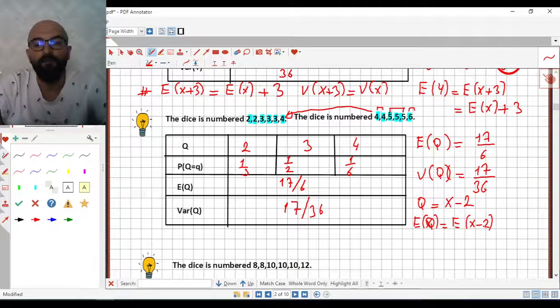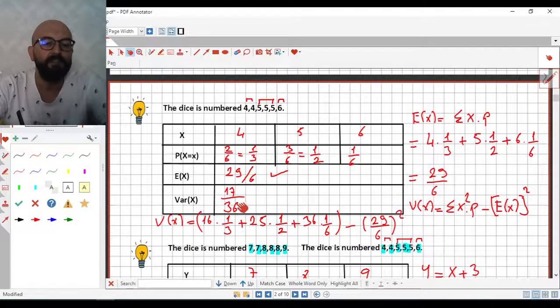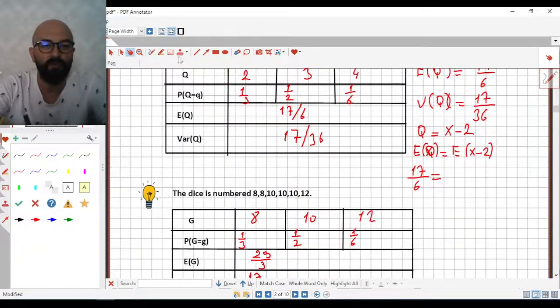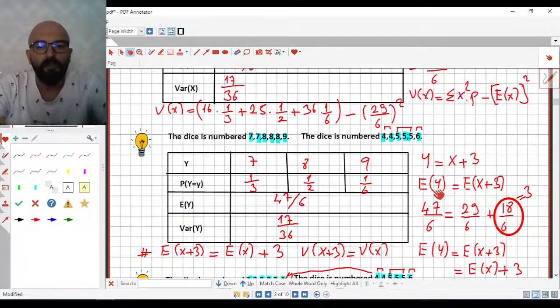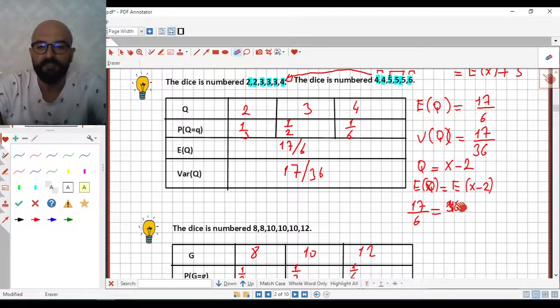And if you notice that the expected value of Q is 17 over 6, I want to look at the expected value of X again. The expected value of X is 29 over 6.